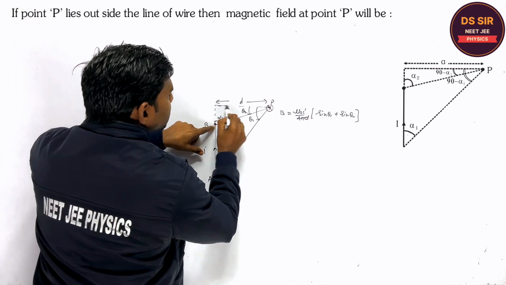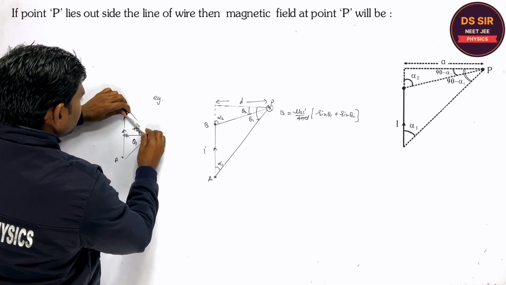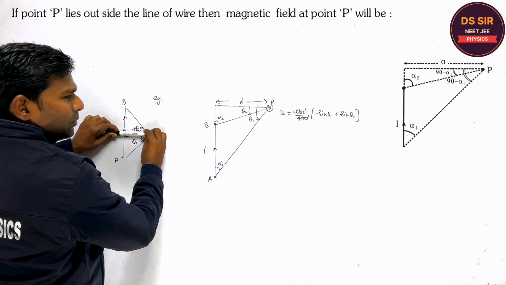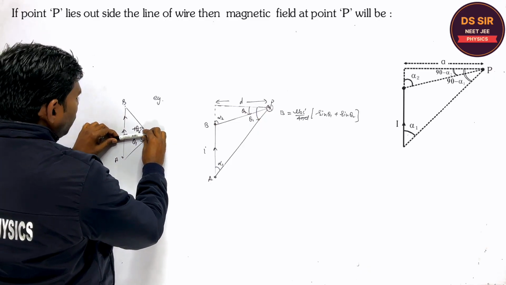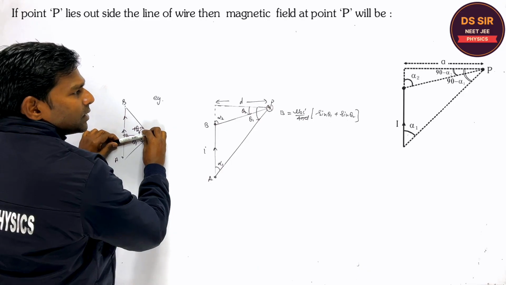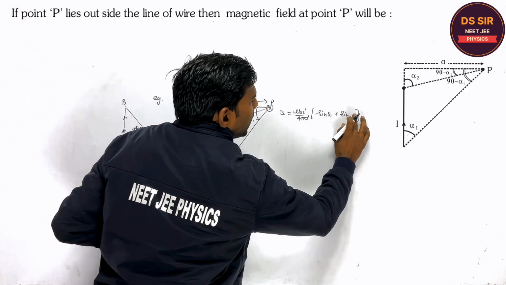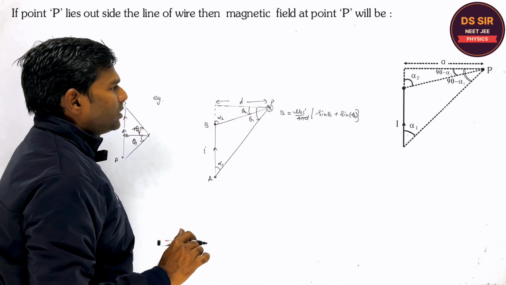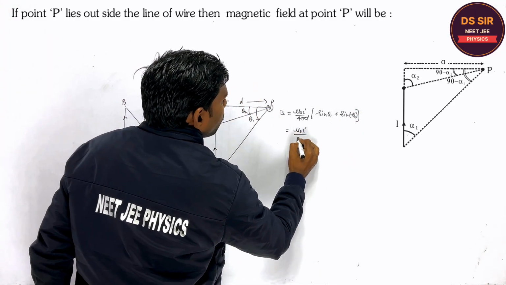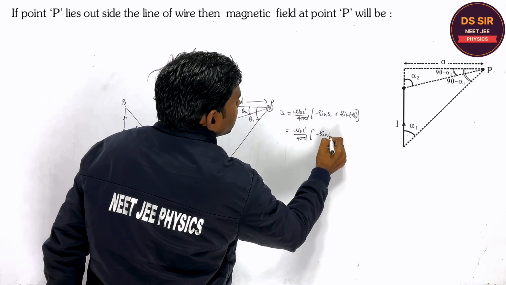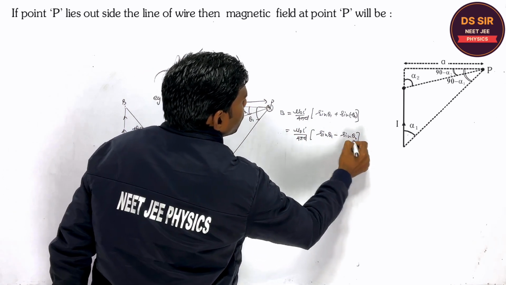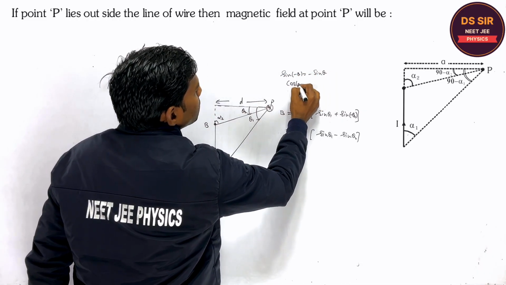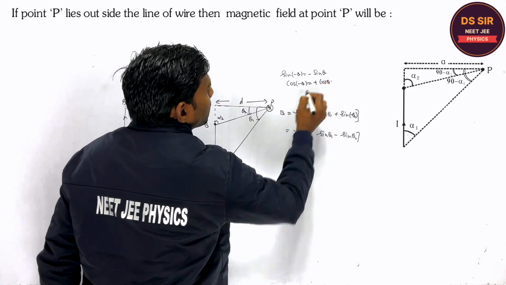Now if the B point angle is reducing like this, theta 2 becomes 0 at this point. If we go below the line, then it becomes minus. So if this angle is theta 2, I have to take minus theta 2 over here. Is it clear or not? Yes. So the answer will be mu naught I upon 4 pi d, sine theta 1 minus sine theta 2, because sine of minus theta is minus sine theta, you will remember. But cos of minus theta is cos theta, right?